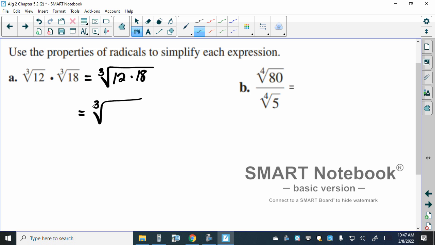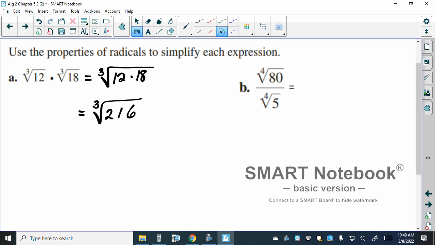Now we can go on and multiply 12 and 18 together. If we do 12 times 18, we get 216. So we get this here. Now we just need to see if we can take the cubed root of 216.